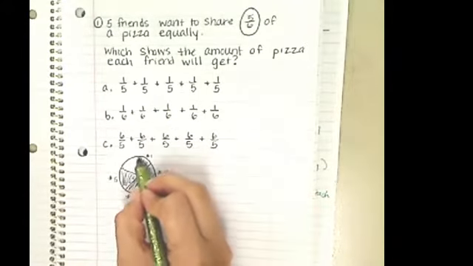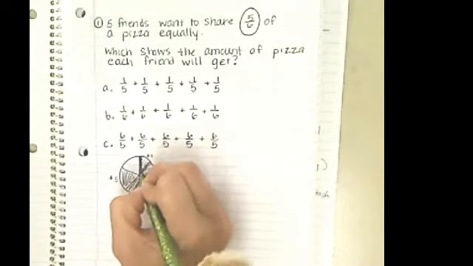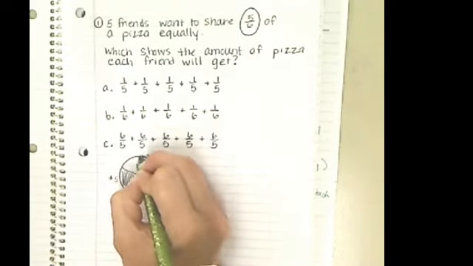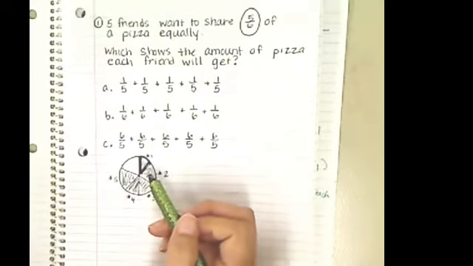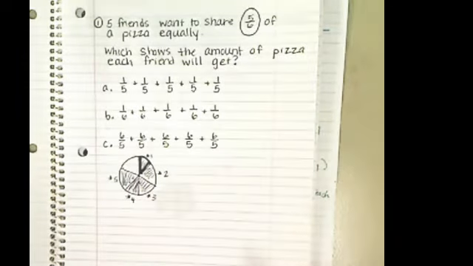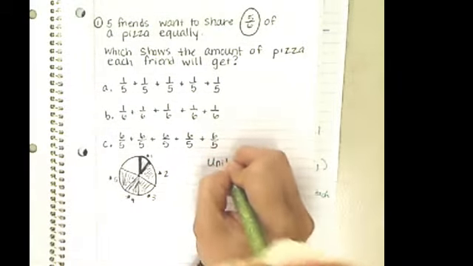So what does this one piece represent? Let's look at just one piece. One of these pieces represents what fraction of the whole pizza? We're looking at the unit fraction.